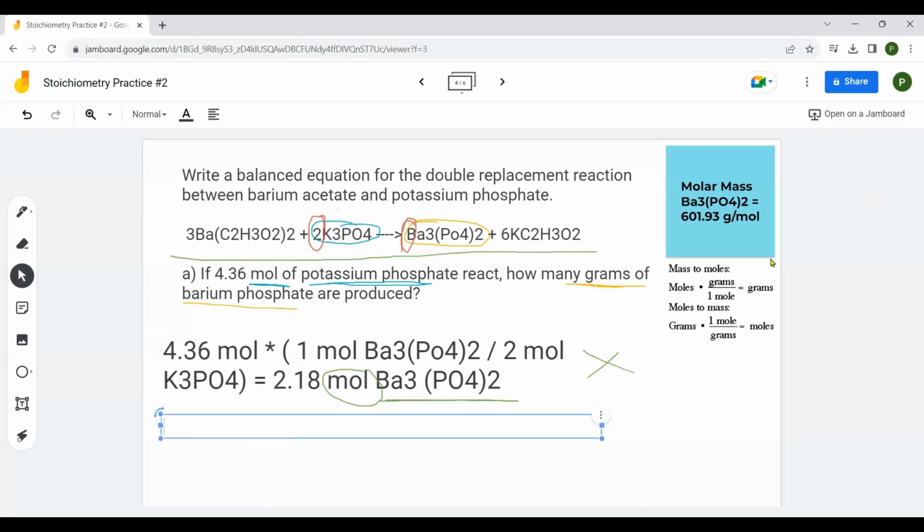So up here on my blue sticky note, we know that our molar mass is 601.93 grams per mole. I am going to take the amount that we just calculated, our 2.18 mole, and I'm going to multiply it by that molar mass number.